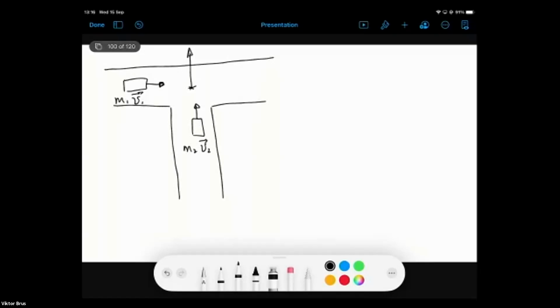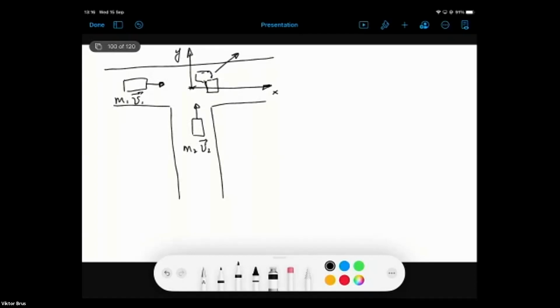We can attach our reference system to this point of collision, then it will be axis X and axis Y. So these are our cars after collision.